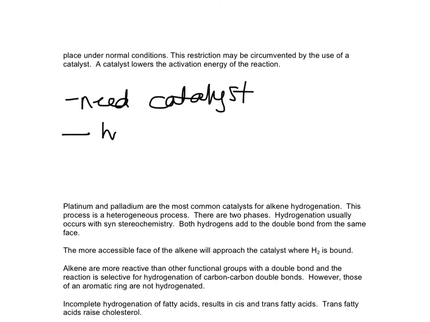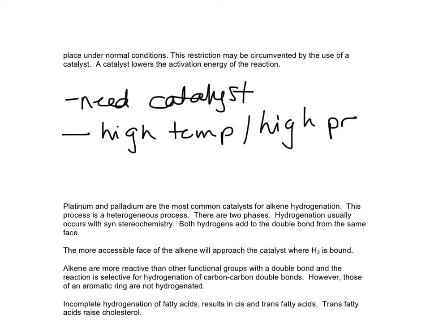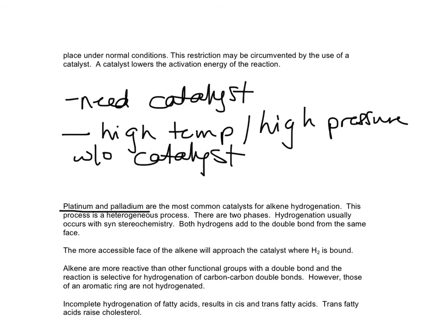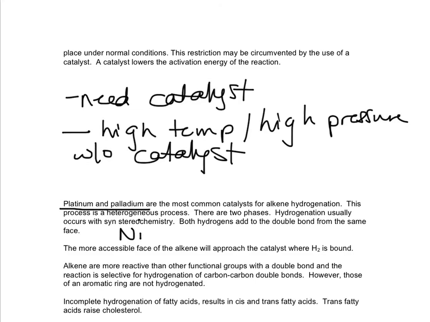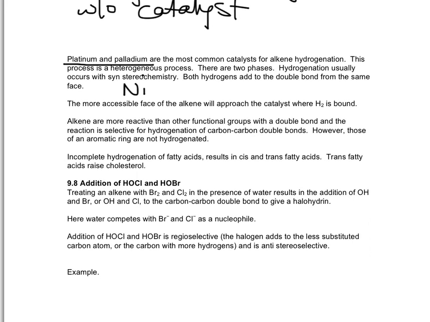Otherwise, it takes very high temperatures and high pressures. The catalyst can be platinum and palladium. We can also do this with a nickel catalyst. What you'll see is that the more accessible face of the alkene will approach the catalyst, where you have the hydrogen bound.